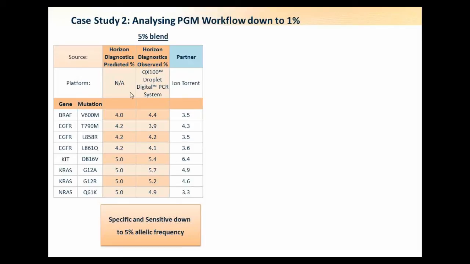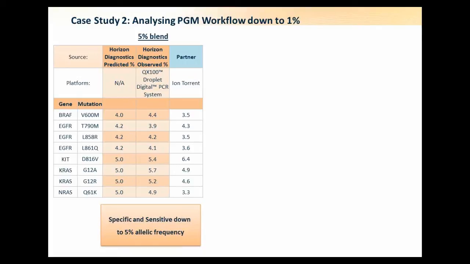On the left panel, you can see the predicted allelic frequency that is expected for the 5% blend. On the right panel, you can see the observed allelic frequencies using digital PCR.